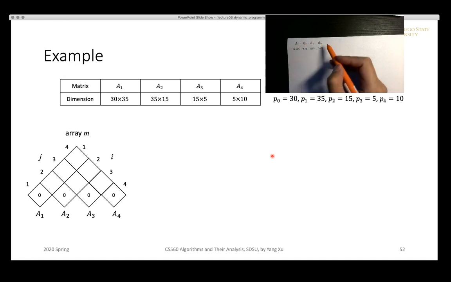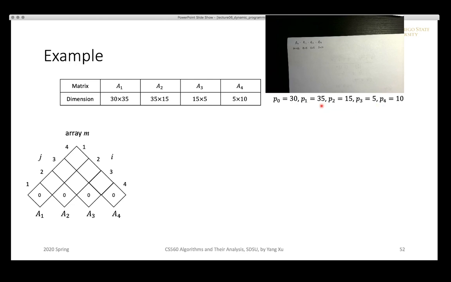Therefore, the input P parameter should have 5 elements, in which P0 is 30, P1 is 35, P2 is 15, P3 is 5, and P4 is 10.